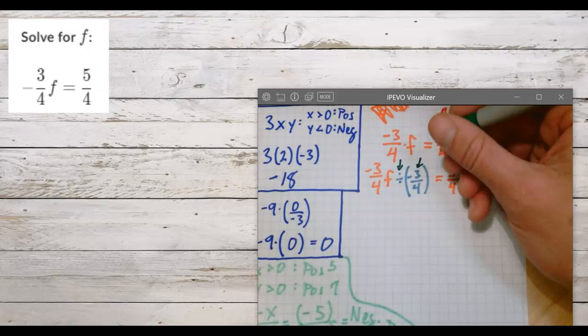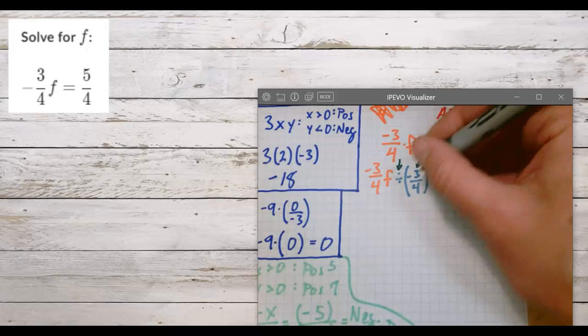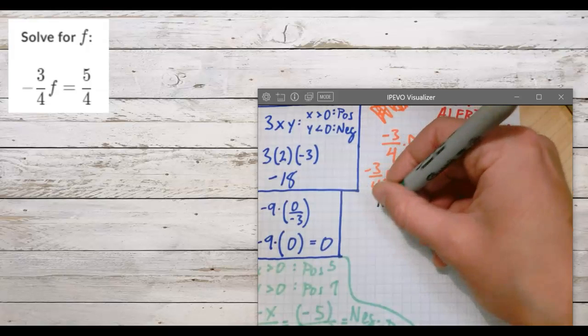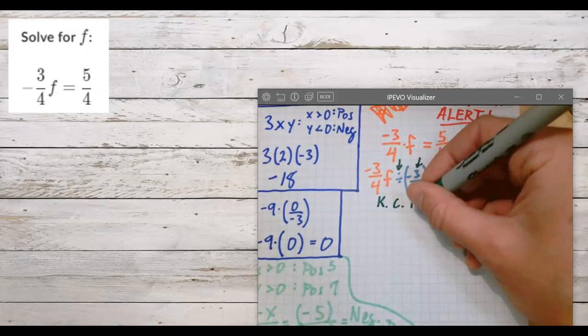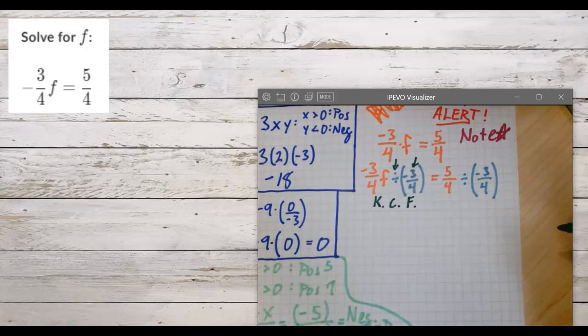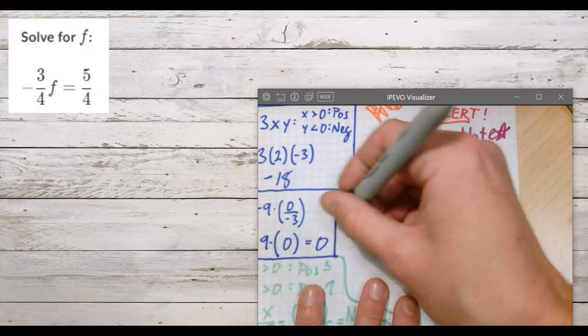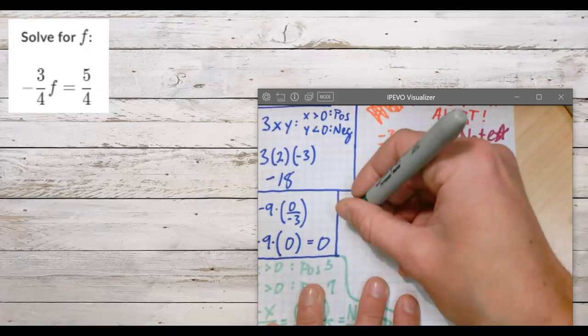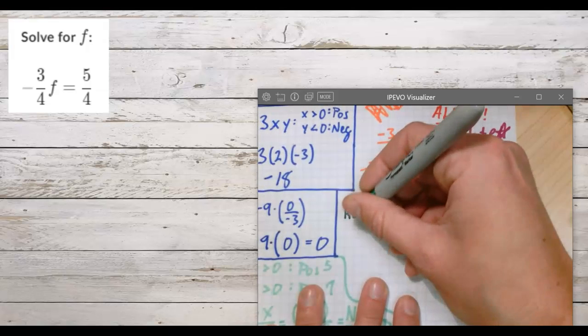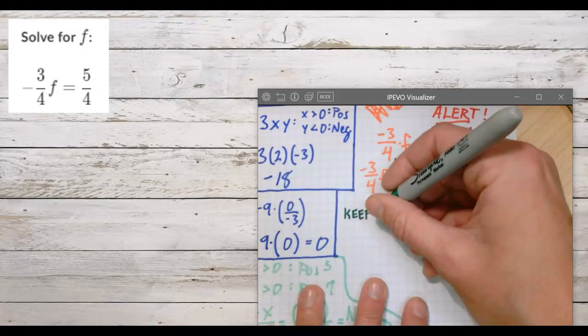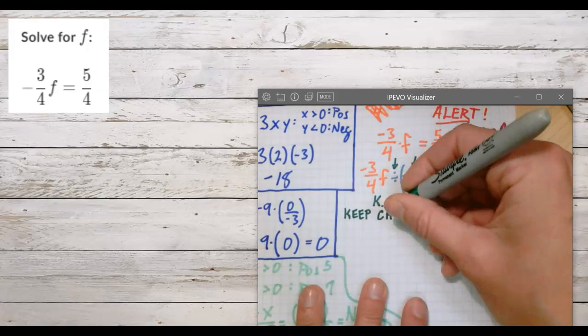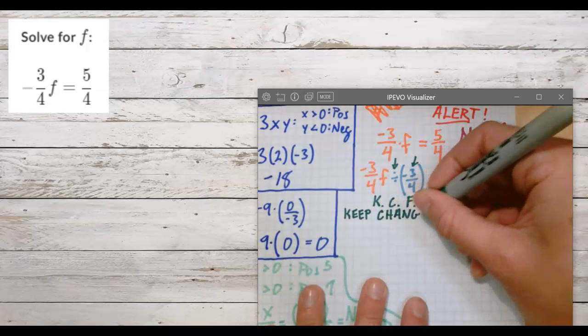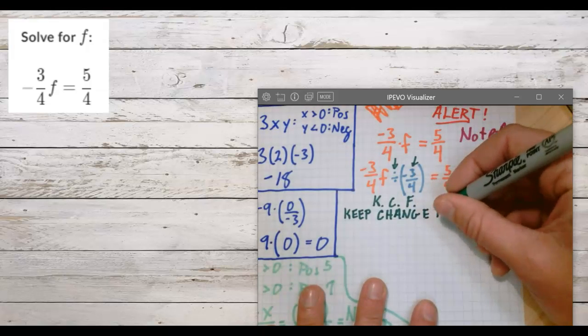So what your teachers have maybe told you to do before, KCF stands for keep, change, flip. Yeah, Kentucky chicken. It is not Kentucky Fried Chicken. Keep, change, flip.